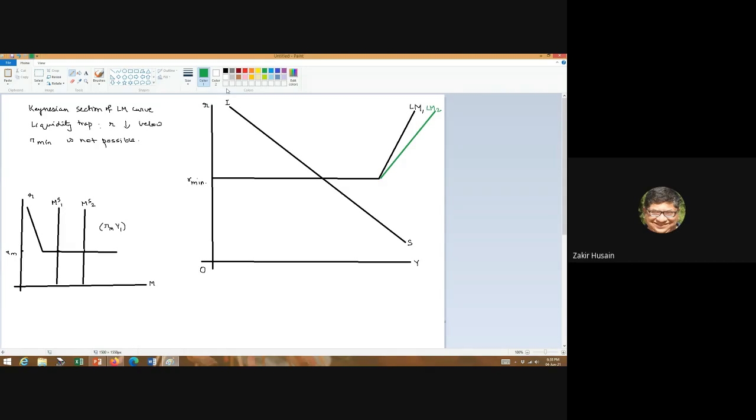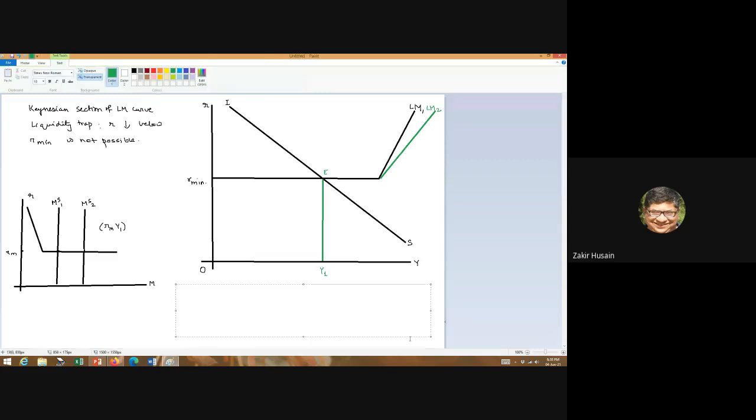So now can you tell me what is the new equilibrium? The equilibrium is going to remain at E, and your equilibrium income is going to remain at Y1.